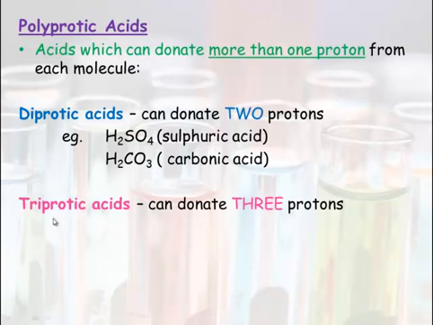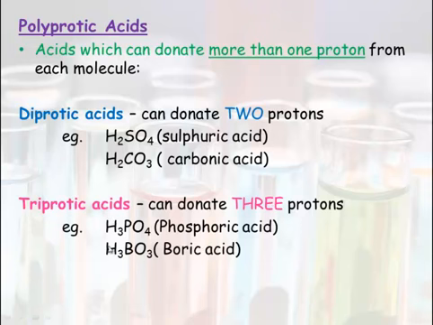You also have triprotic acids. These can donate 3 protons, tri meaning 3. Phosphoric acid and boric acid are 2 examples. They have 3 hydrogens, so they have the capability of donating more than 1 proton. Doesn't mean they always do, but they have the capability of doing so.